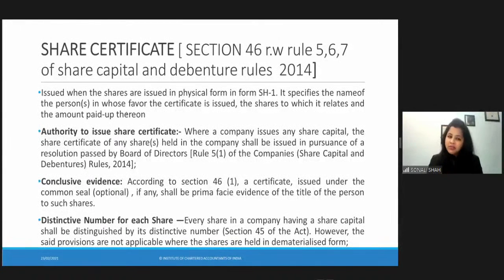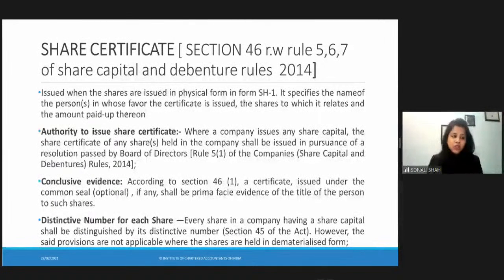Whenever there are shares in physical form, the share certificate has to be issued in form SH1, right? What will the share certificate contain? Like any other certificate, it will contain the name and the details of the person in whose favor the certificate has been issued, the amount that has been paid, and the shares to which it relates.